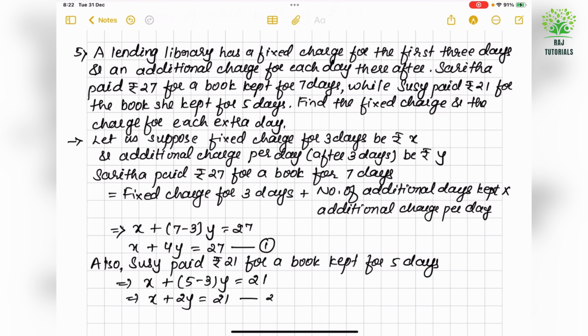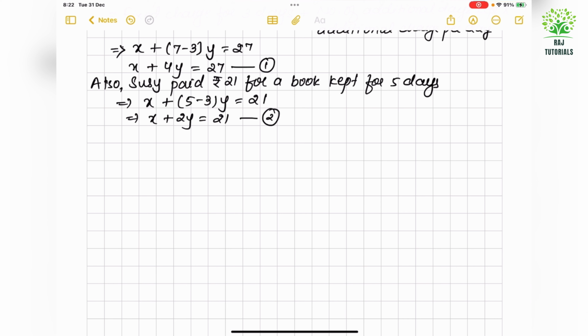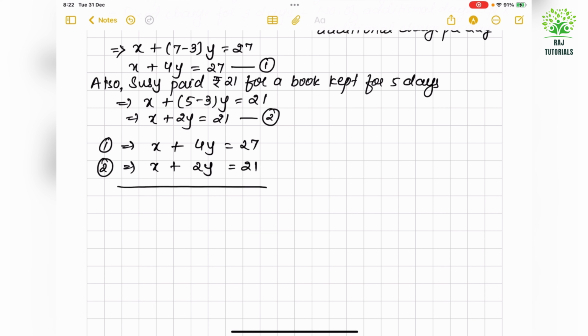Now I have got two equations, 1 and 2. Solving them by the elimination method, 1 implies x plus 4y equal to 27, 2 implies x plus 2y equal to 21. If I subtract them, x got cancelled, so 2y equal to 6, so y will be 3.